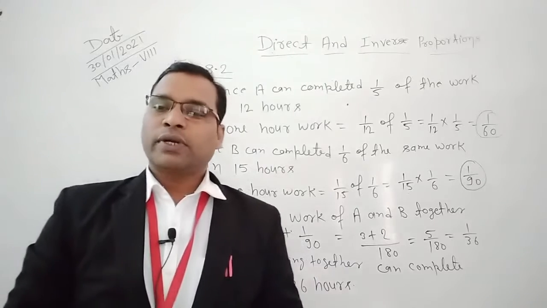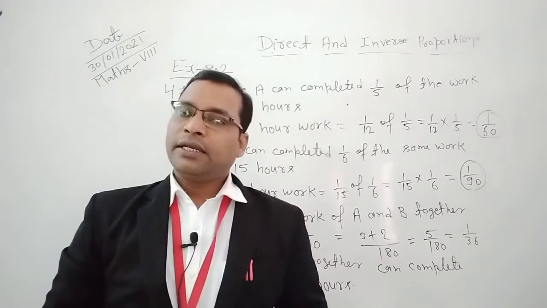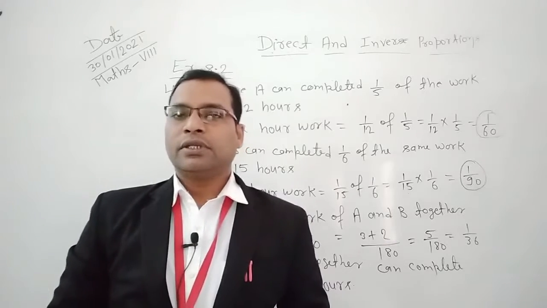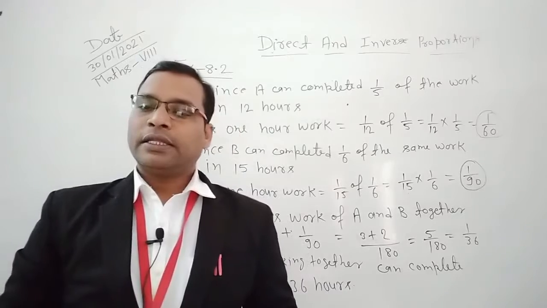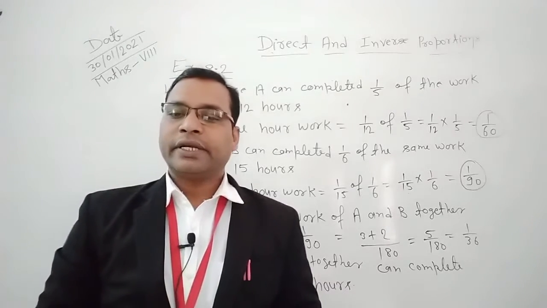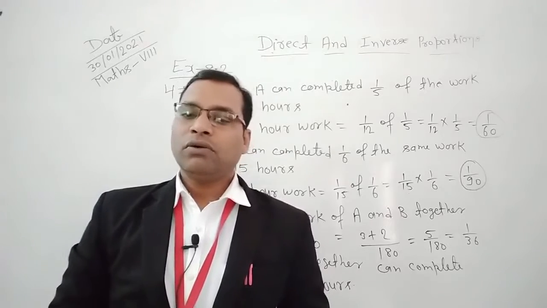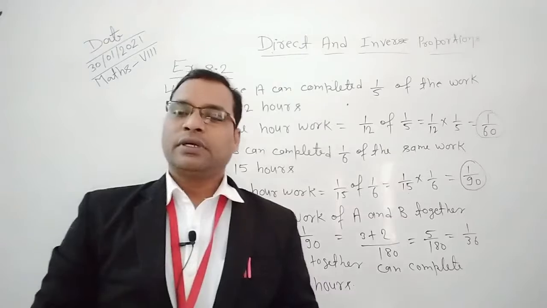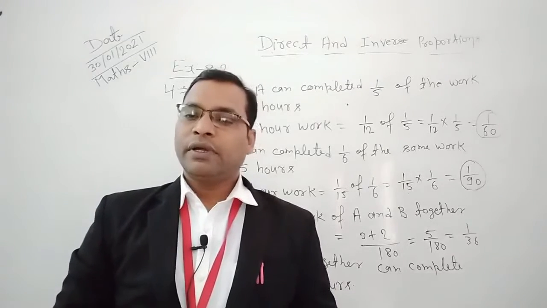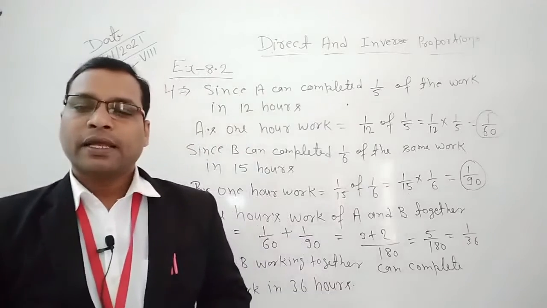They worked together for a day and then B leaves the work. How long will A take to finish the work, if A alone can dig the pond in 30 days?